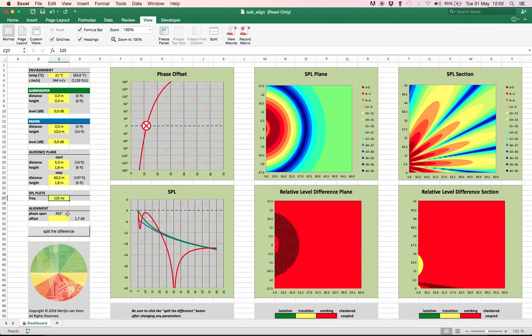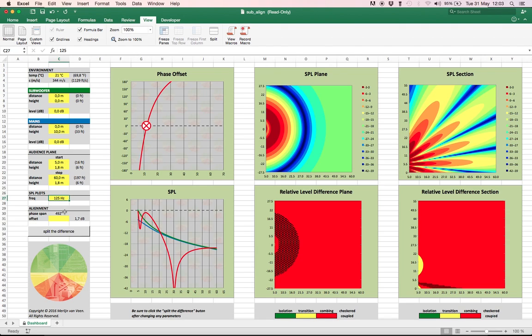divide throughout our audience area, because the phase wheel tells us we only have a 240-degree window of opportunity to be actually coupled. And because the phase span value exceeds that 240-degree window of opportunity, chances are that we do not get to put everyone in our audience within that coupled area.